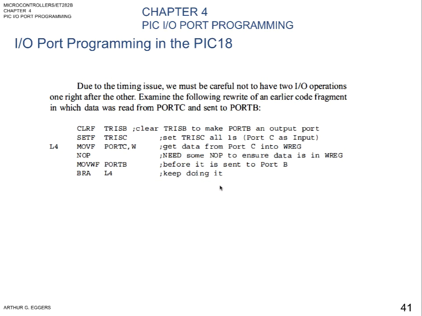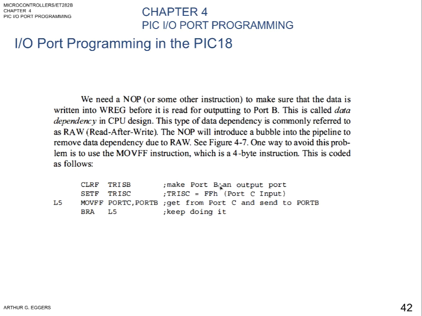So we use that NOP statement to help control and make sure we don't have data at the same time. We need this NOP, or some other instruction, to make sure that the data is written into the working register before it is read for outputting to port B. This is called a data dependency in CPU design.